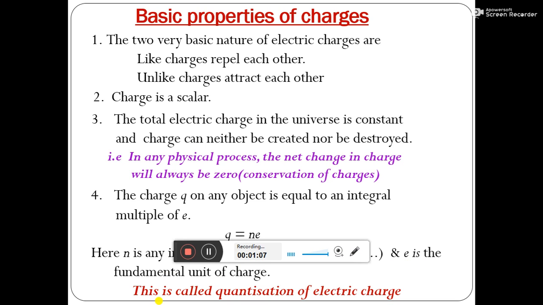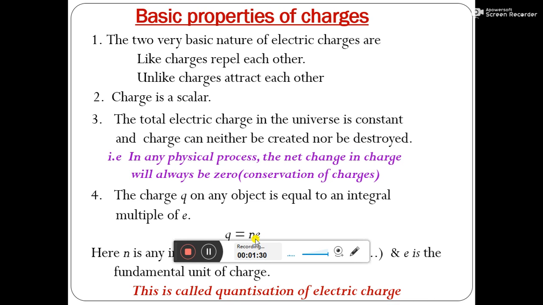When a glass rod is rubbed with silk cloth, the number of charges transferred from glass rod to cloth is usually very large, which is of the order of 10^10. We know that Q is equal to n into e.